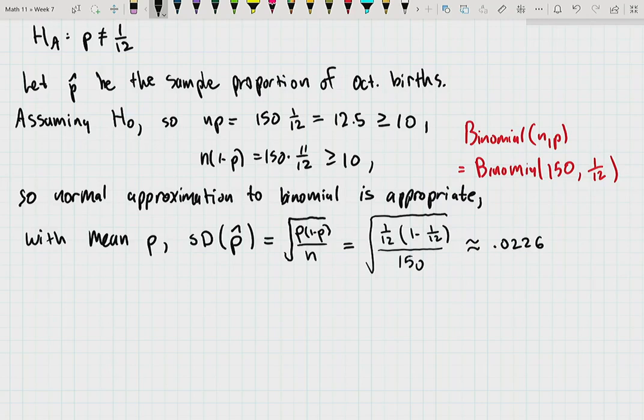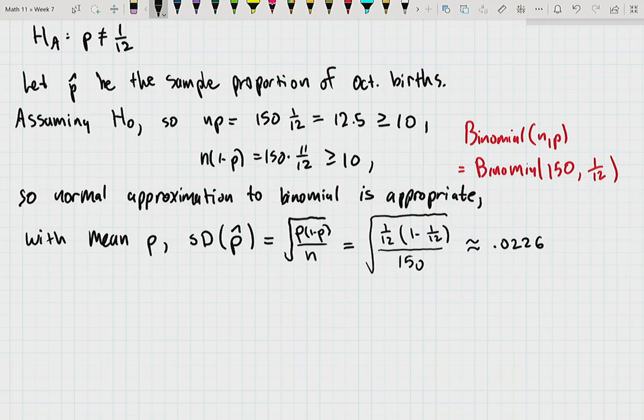Any questions? You have it? So for conditions, you have to check independence, randomness, and normality, right? So then do we need to show proof for independence and randomness? Because we can assume that it's independent, and we know it was a simple random sample.